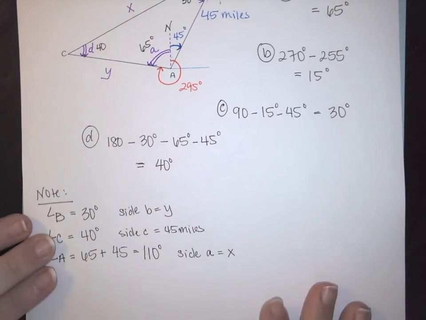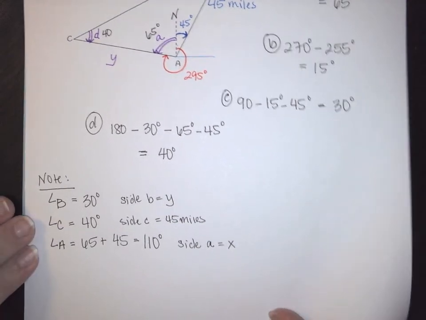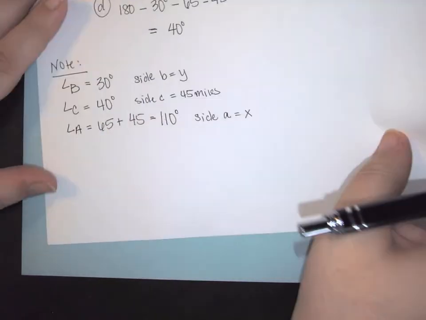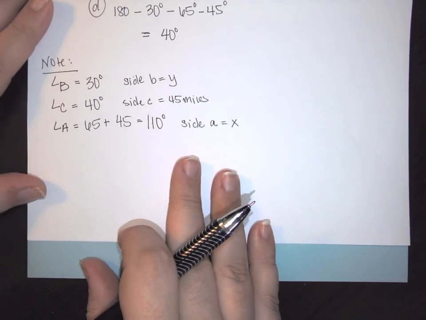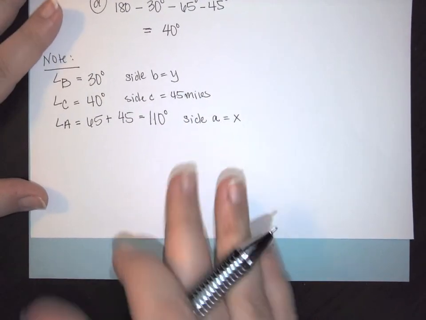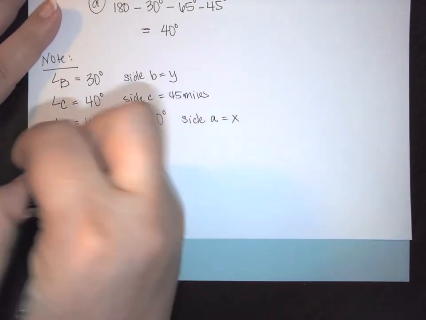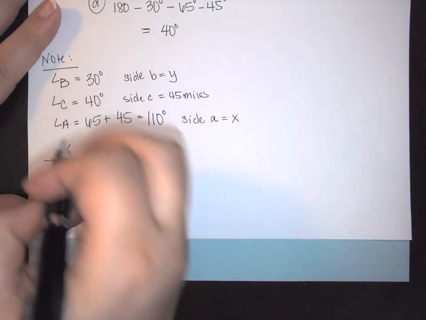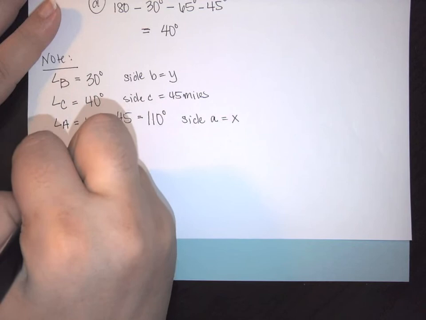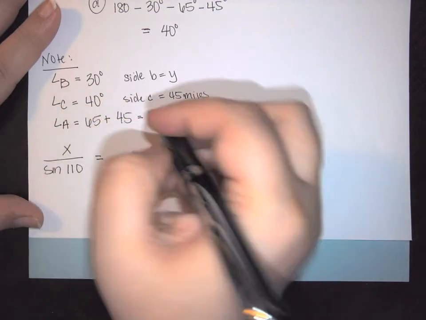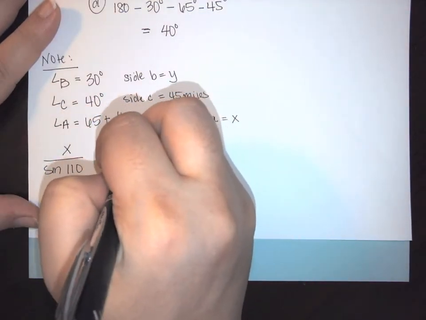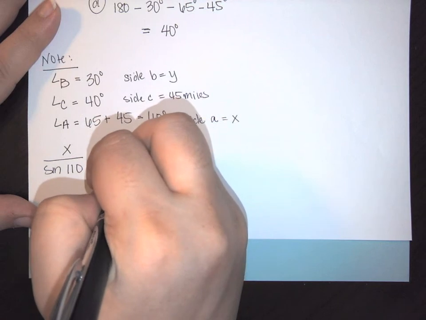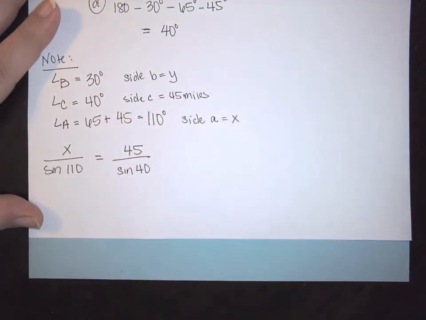So I have everything that I need to get started. Okay, and here I can go ahead and use my law of sines. So the first thing I have is my x over the sine of 110 is going to equal 45 over the sine of 40.